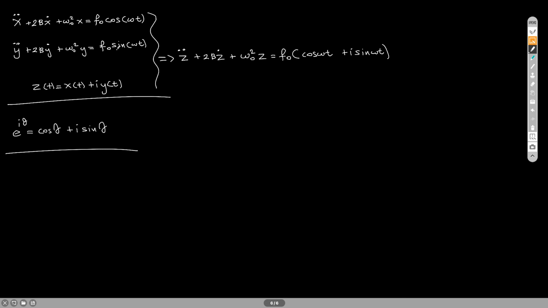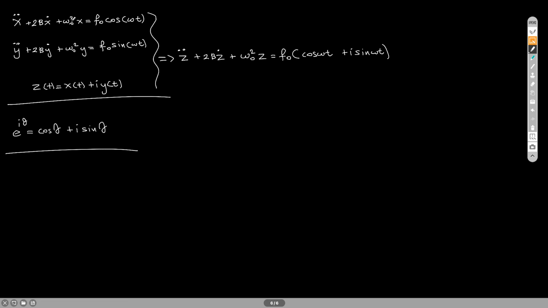Now, I define z as a function of time to be x, the solution to this differential equation, plus i times y, where y is the solution to the other differential equation. What I can do is multiply the second one by i, the imaginary unit, and then add it to the first one.